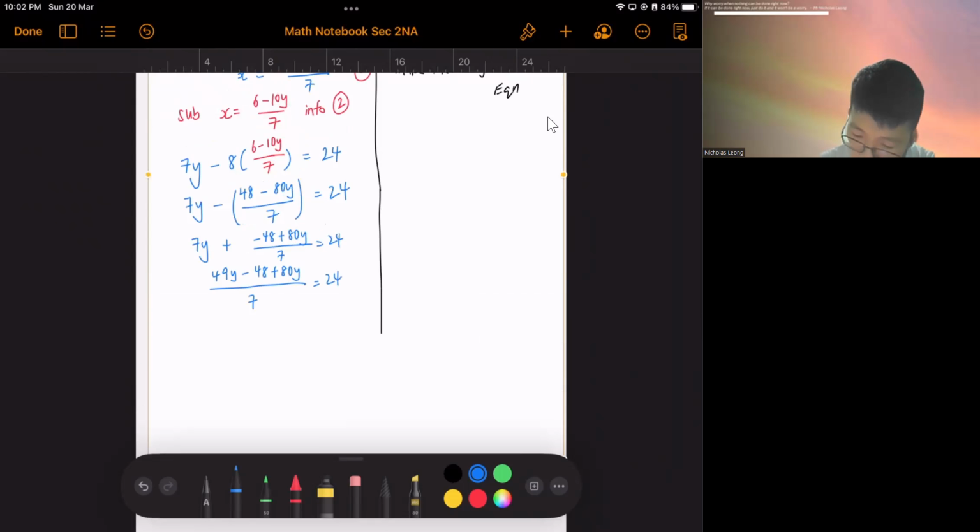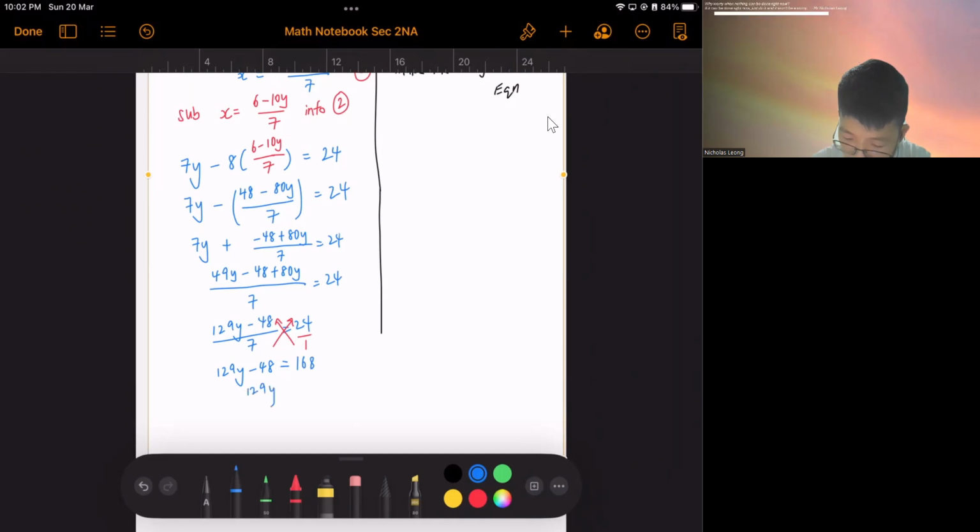So 49y plus 80y is 129y minus 48 over 7 equals 24. Then I will cross multiply. There's an invisible 1 here. So I'll get 129y minus 48 equals 7 times 24. So 7 times 24 is 168.